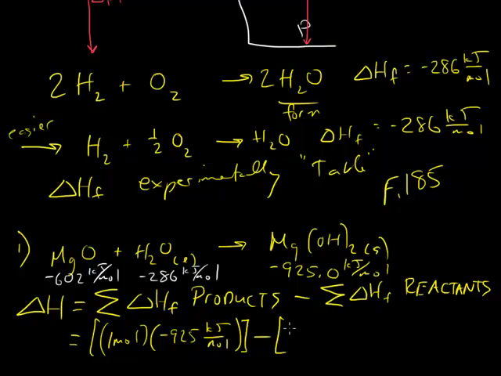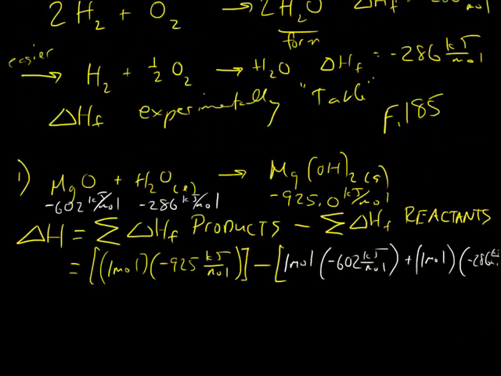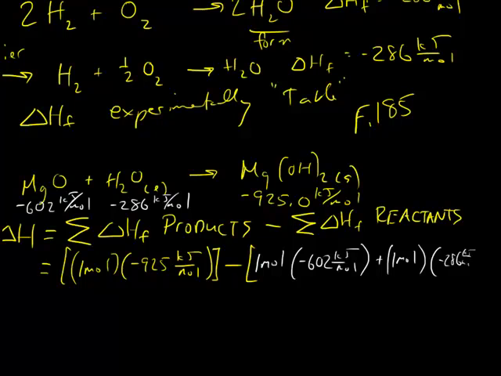We've got 1 mole of magnesium oxide times negative 602 kilojoules per mole, and then we add 1 mole of water times the negative 286 kilojoules per mole.